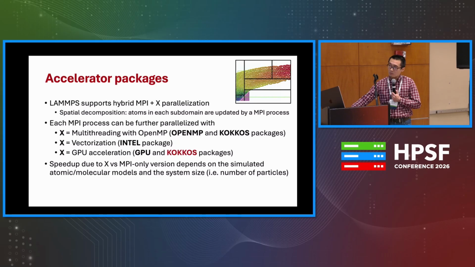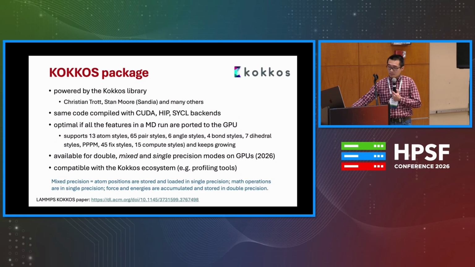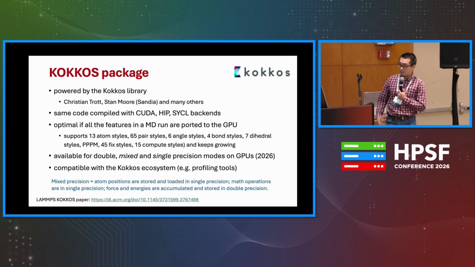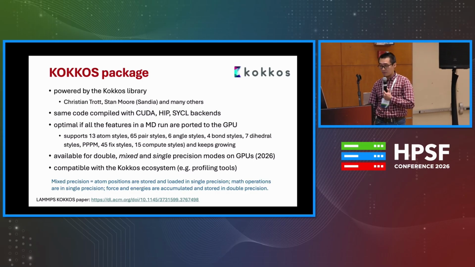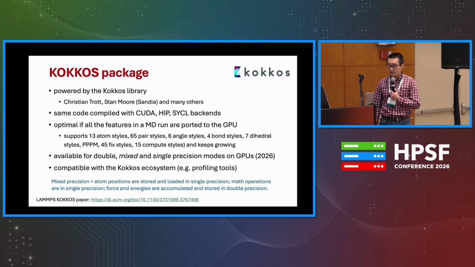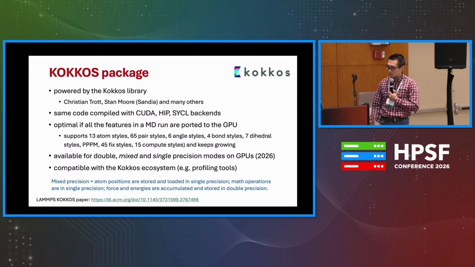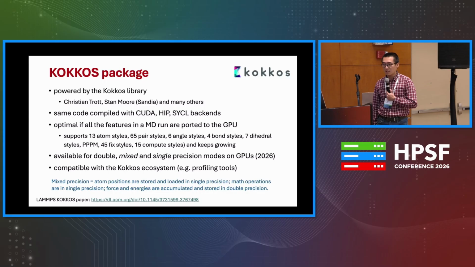So in this talk, I mostly focus on one of the packages that LAMMPS supports, the KOKKOS package. And as the name points out, this package is powered by the KOKKOS library. Christian and Stan are two of the earlier co-developers that brought this package to life.